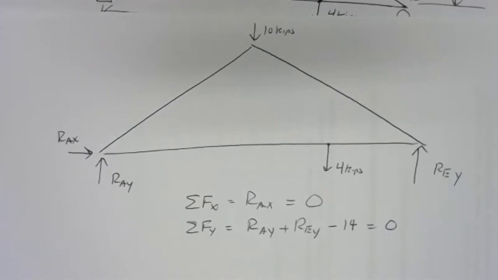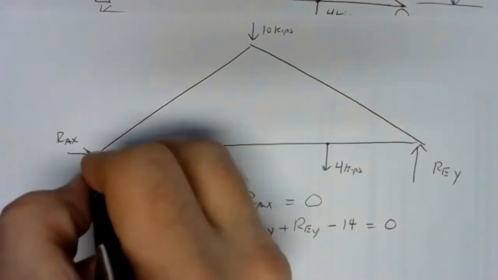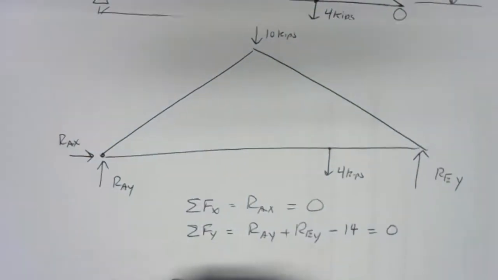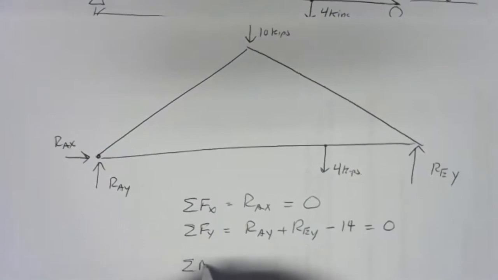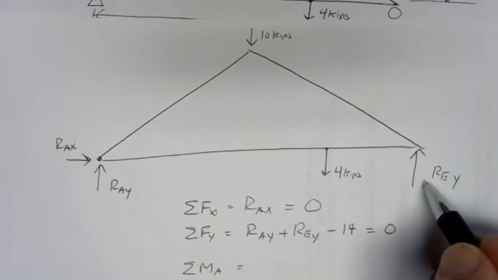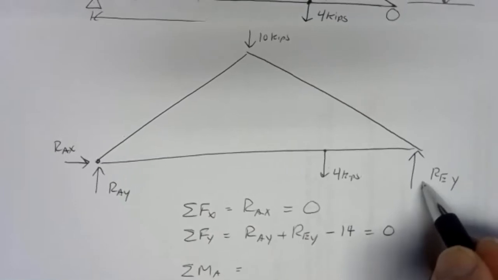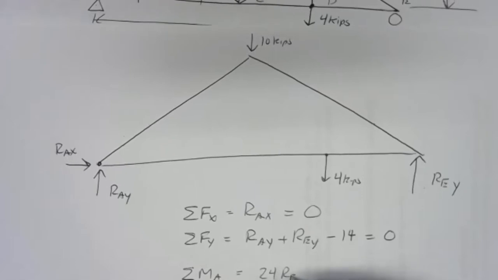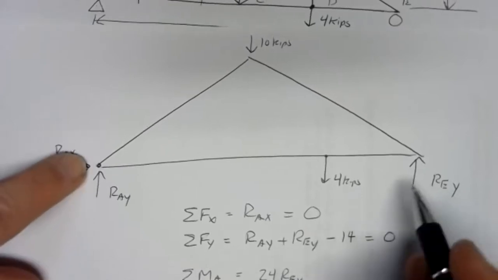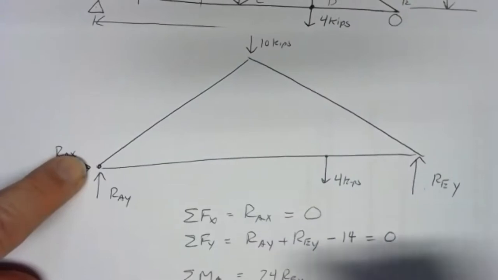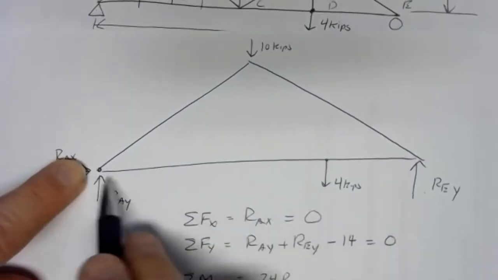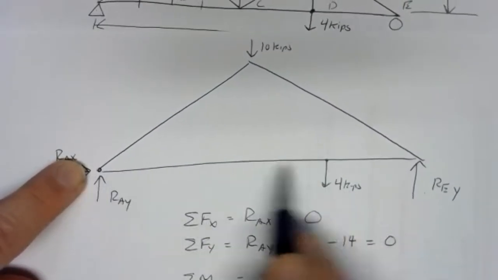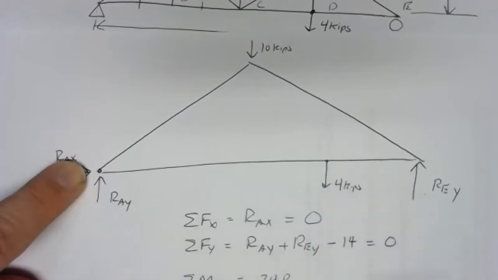So our moment equation is the big one here. We'll pick A as our pivot point. So we have our sum of moments about joint A. E is the full 24 feet away. So we have 24 REY. And that would be a counterclockwise moment, so it's positive. 18 feet away, 3 bays away, we've got that 4 kips.